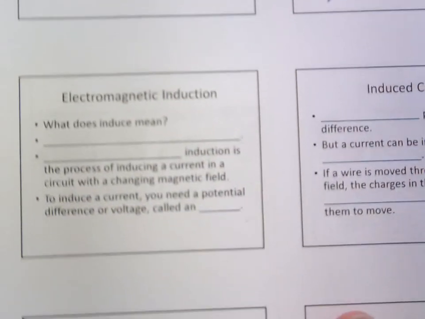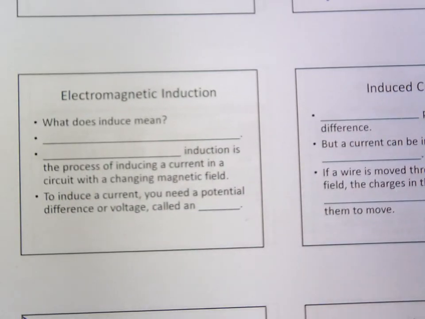Now, first of all, what does the word induce mean? You might have heard this word if somebody talked about maybe inducing labor or inducing a medical coma or something like that. What they are doing in those situations is causing that event to happen.